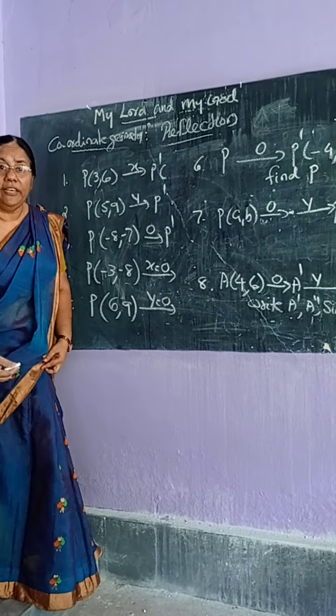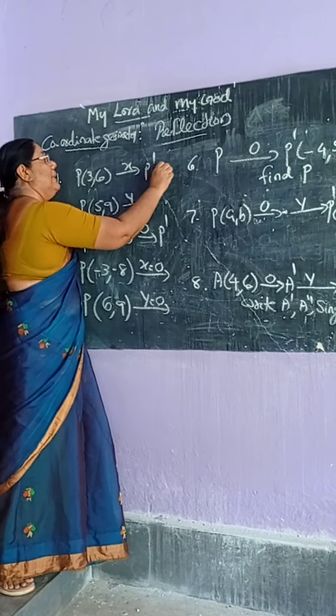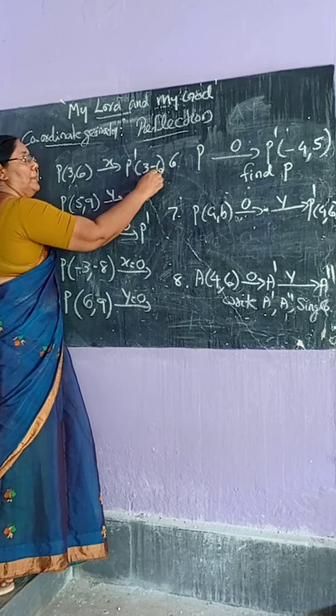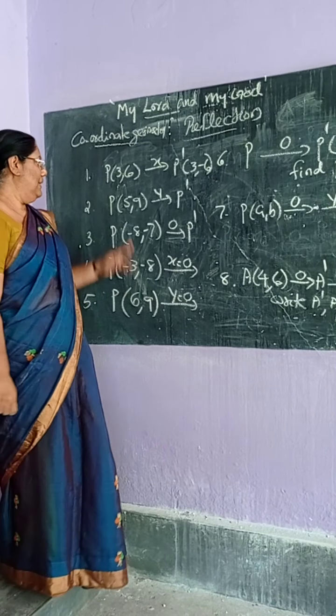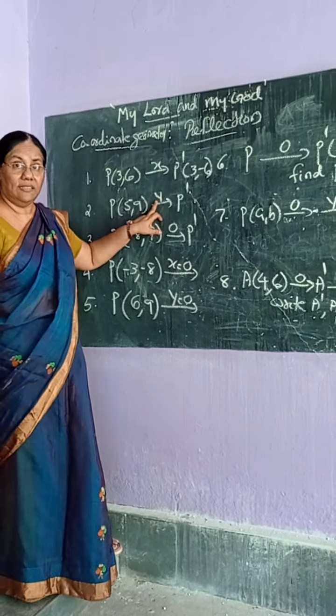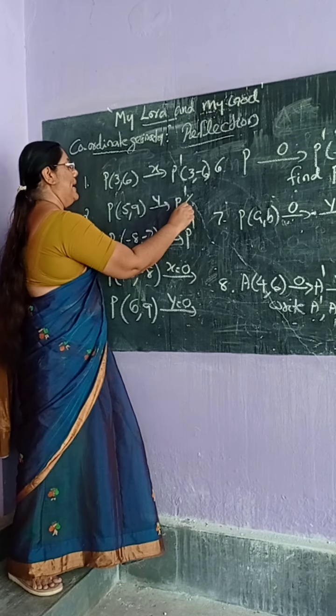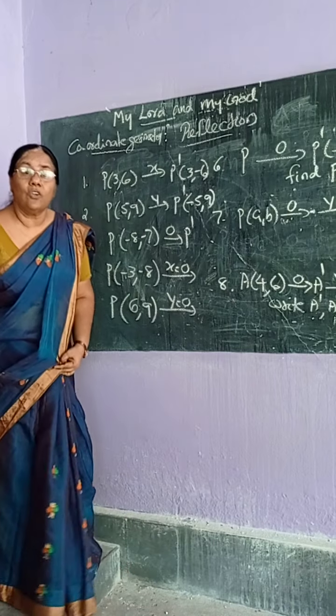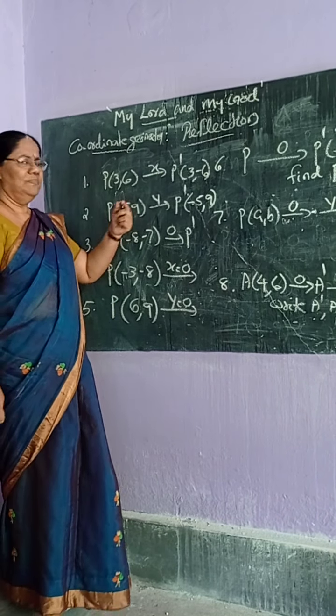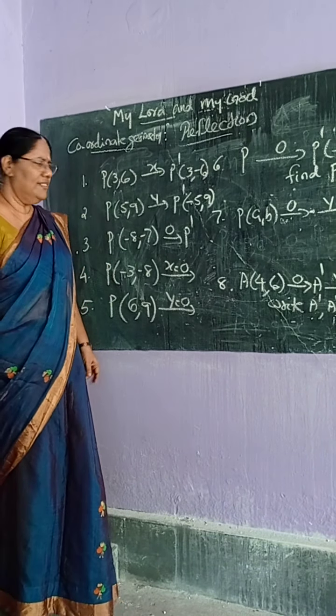When we reflect a point in the x-axis, the y coordinate changes: (3, -6). Okay, then here this is y-axis. P dash. Y-axis means (-5, 9). The x coordinate changes. Only 1 second needed, isn't it?